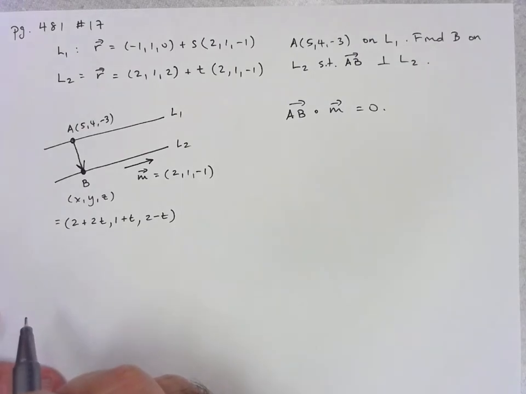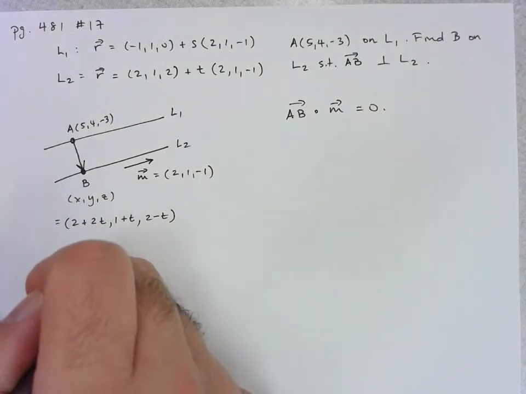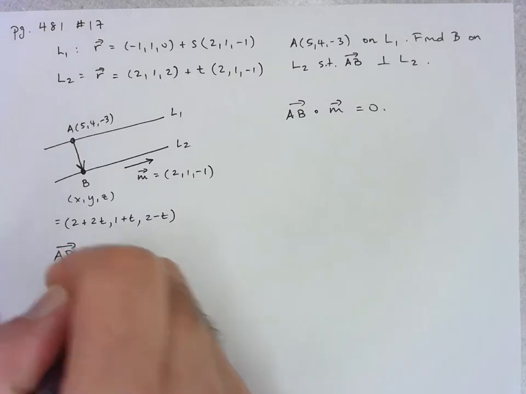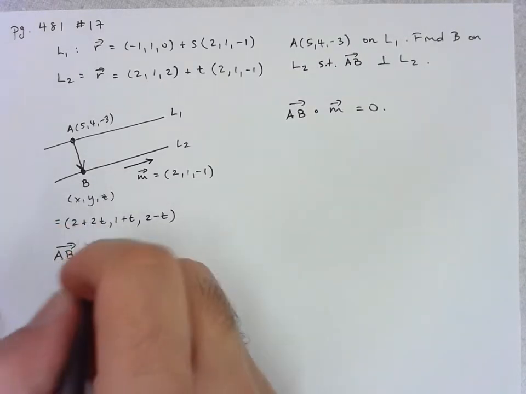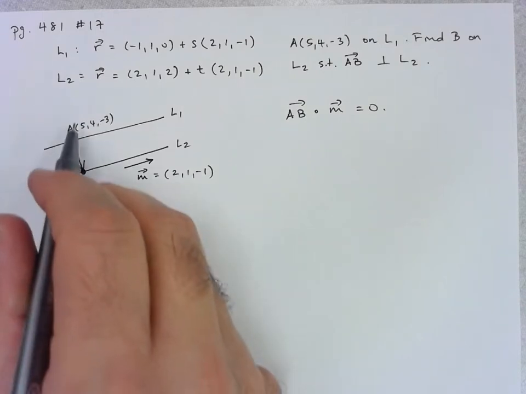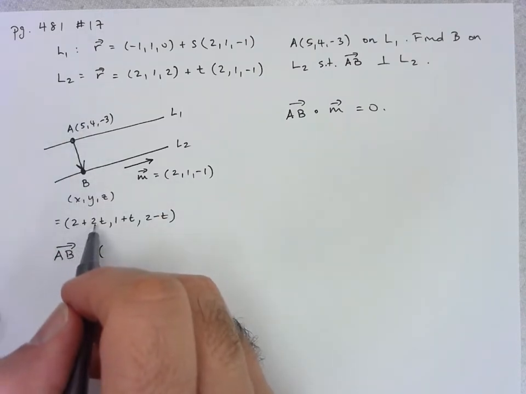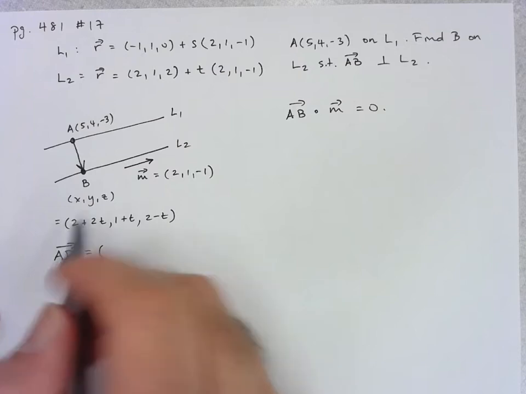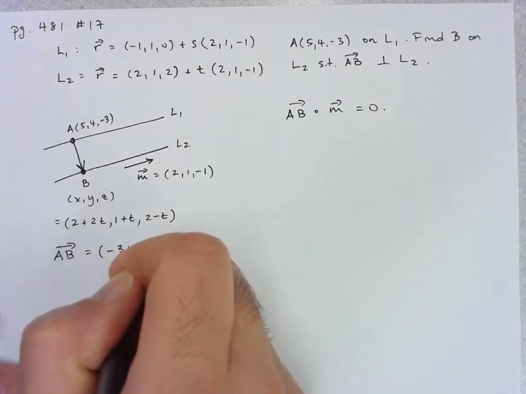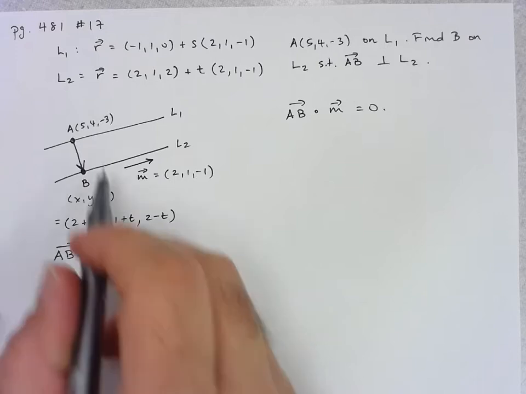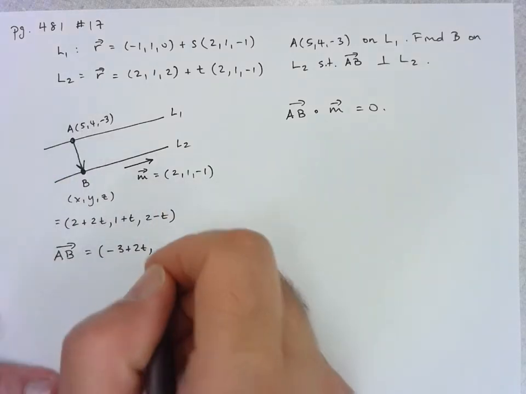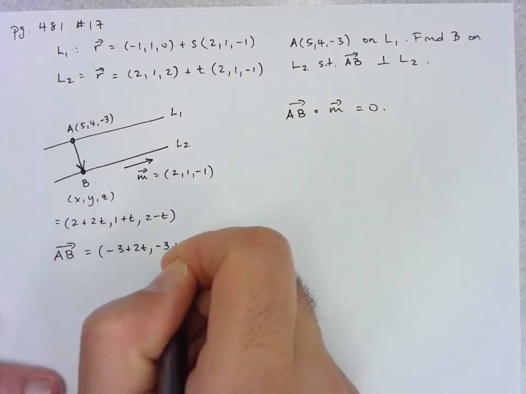The first thing we have to do is find the vector AB, because all this is representing the point B. We just do that nice and easy by subtracting. The x component is 2 plus 2t minus 5, so 2 minus 5 is negative 3, giving negative 3 plus 2t. Then the y component, 1 plus t minus 4, so 1 minus 4 is negative 3, plus t.